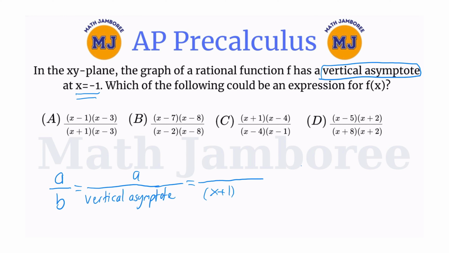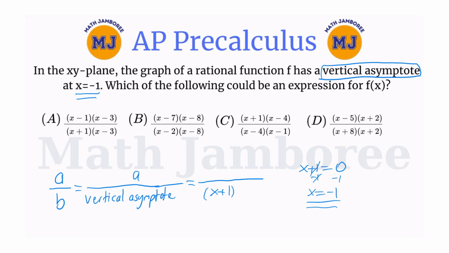Why? Because when I solve x plus 1 equals 0 for x, I take away 1 from both sides, and x becomes -1, as indicated in the question. So I'm going to have x plus 1 in the denominator.